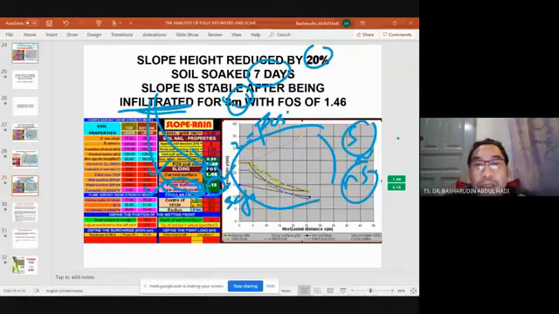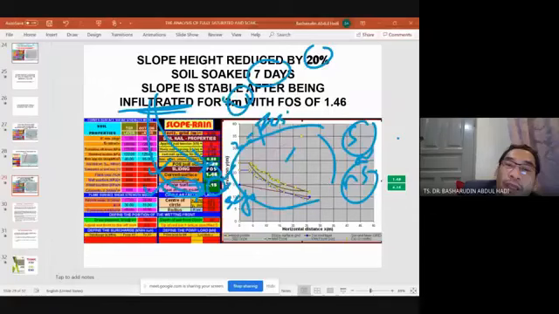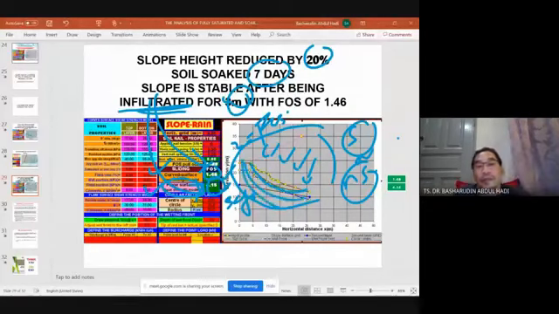We soak 7 days, we lowered the original slope by 20% to make it safe, and we infiltrate around 3 meters. The rainfall comes in and penetrates 1 meter, 2 meters, 3 meters. So we make it the worst scenario.